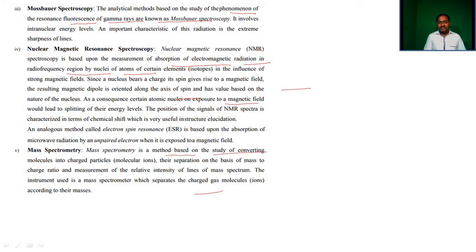This method is based on converting molecules into charged particles, separating them on the basis of mass to charge ratio, and measuring the relative intensity of lines in the mass spectrum. The instrument used is the mass spectrometer, which separates charged gas molecules according to their masses.